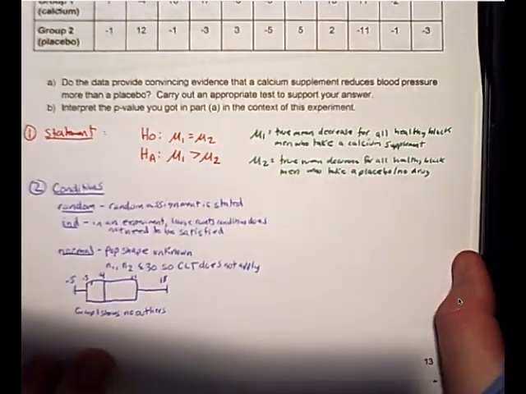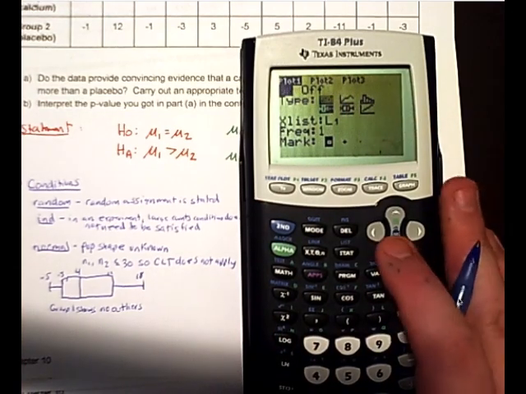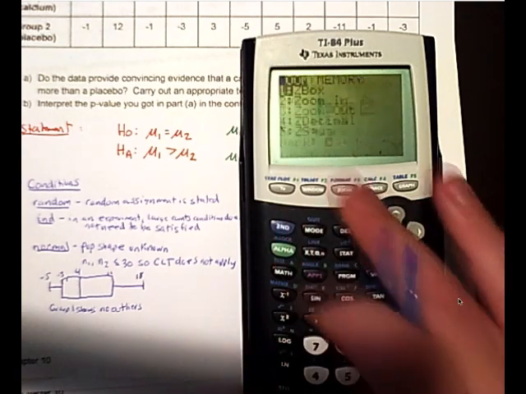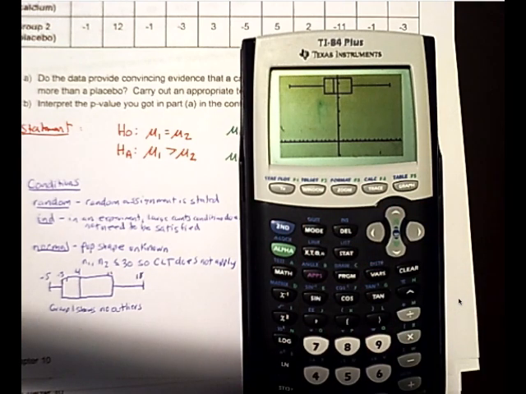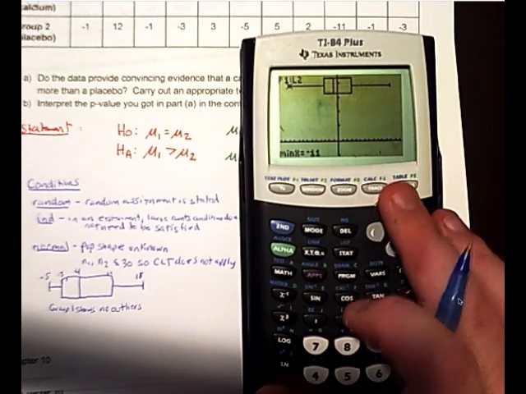All right, now you can do the same thing for the second group. So I can just go back, and instead of doing L1, I can do L2, and then I can zoom 9. That one looks more symmetric, the placebo one.